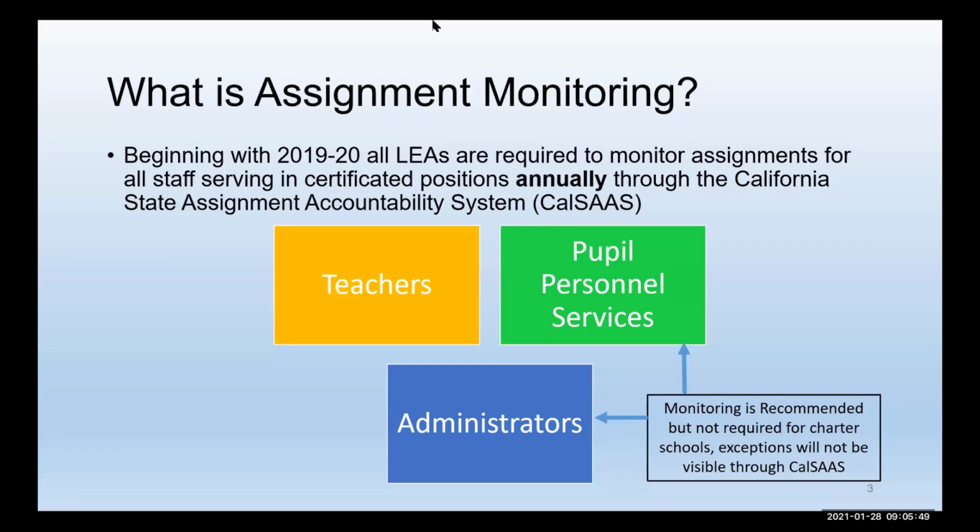Now, all districts, including charter schools, are required to monitor assignments for the following categories: teachers, pupil personnel services employees, and administrators. What's really important to understand is that you're capturing staff serving in positions requiring certification annually. And that is done through the California State Assignment Accountability System, otherwise known as CalSAAS.